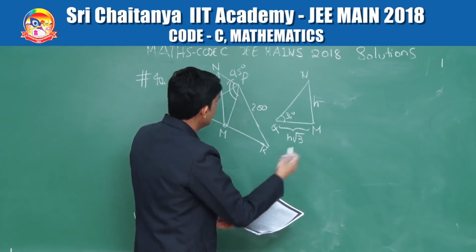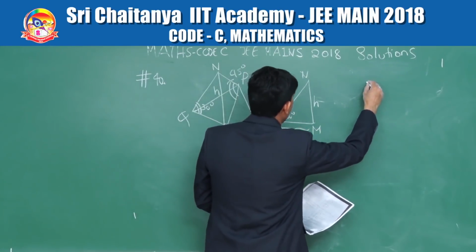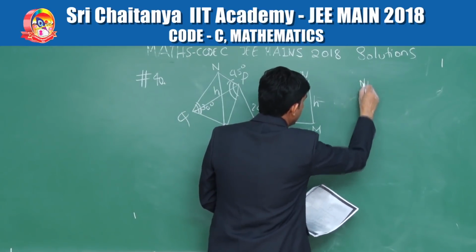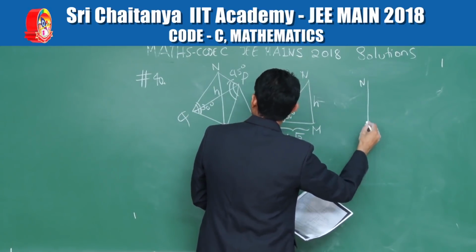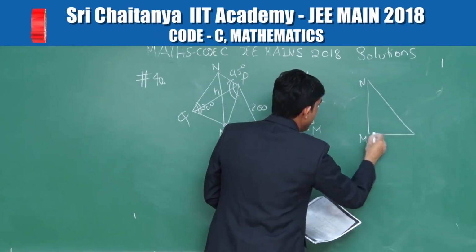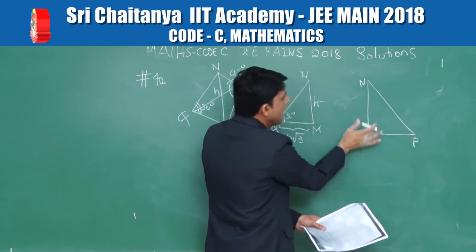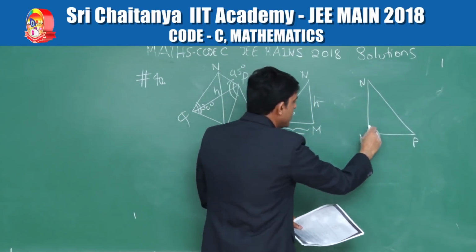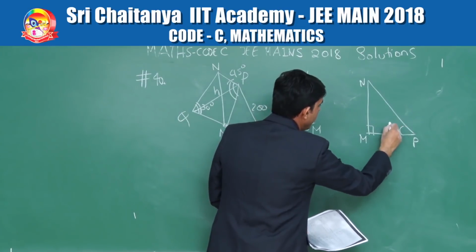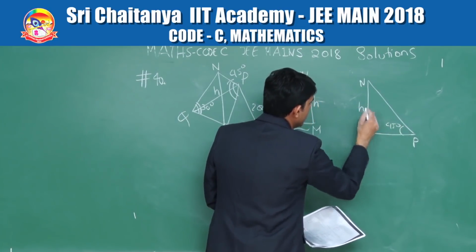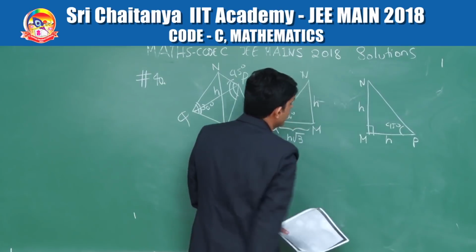Let's think of another triangle, a little oblique one, that is N, M, and this time we are taking P. So this is N, M, and P. So this is the plane NMP. Now this is 90 degrees, this is 45, this is h, so this happens to be h.